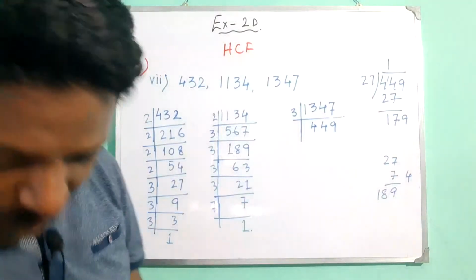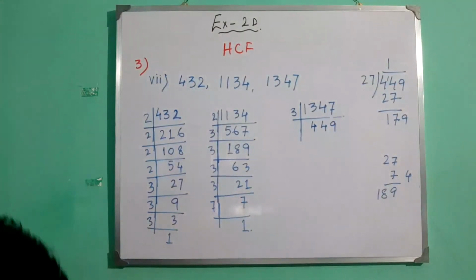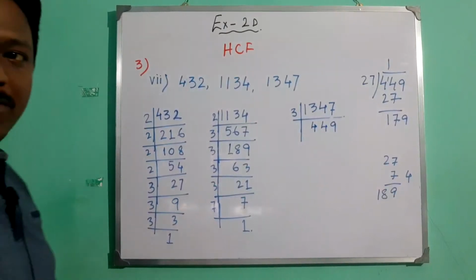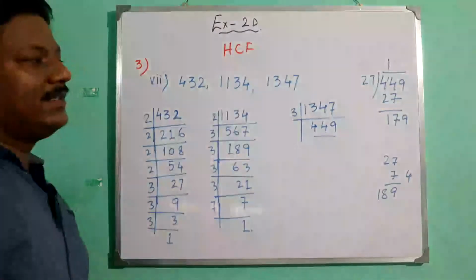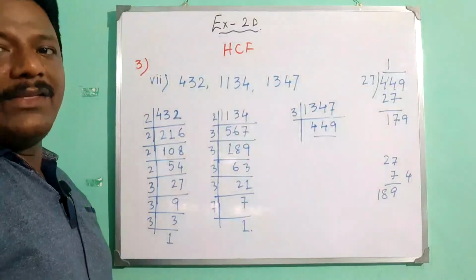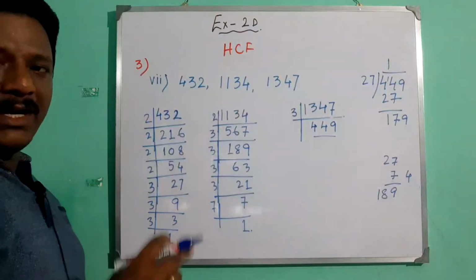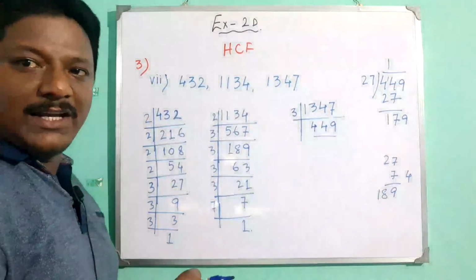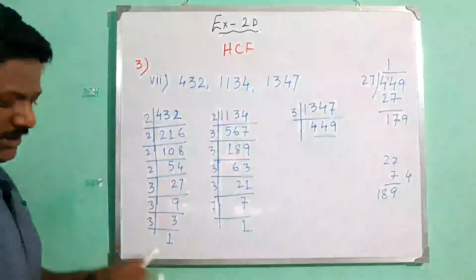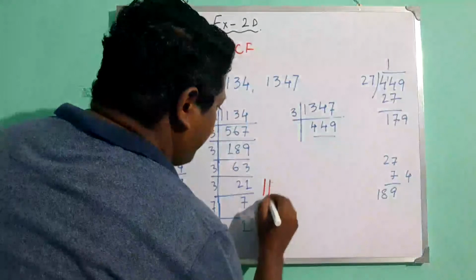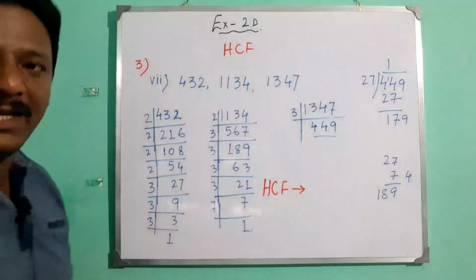So if it doesn't go by 27, what we need to do is write the factors. Suppose we consider that this is the prime number, which cannot be divided by any other number except itself. All right. So therefore, what is common? What will be the HCF?